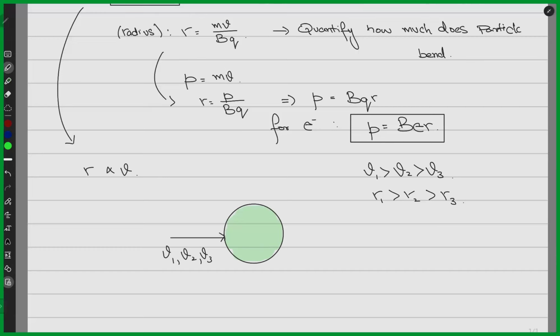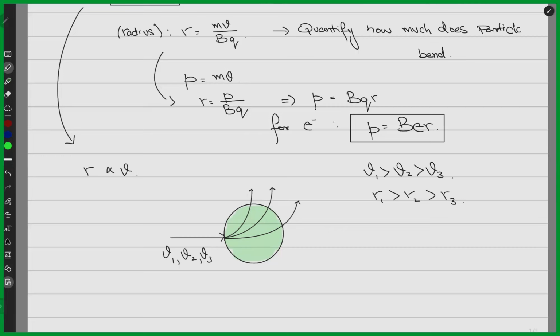I'm going to draw 3 paths. Okay, so these are not completely accurate, but it will do. So these are 3 different paths for these 3 different velocities.